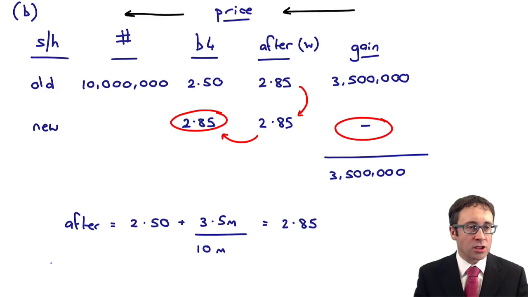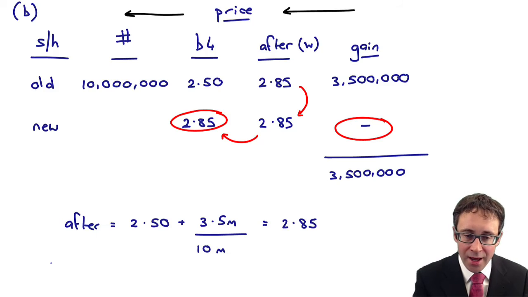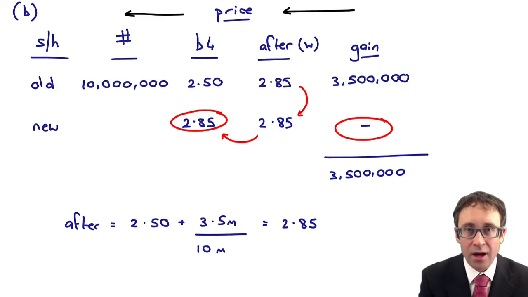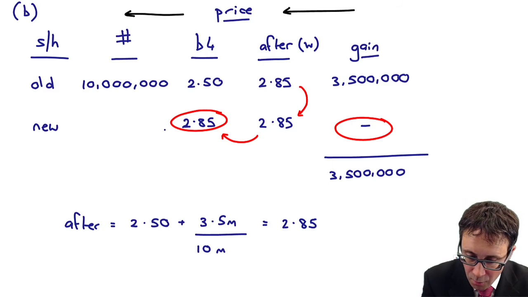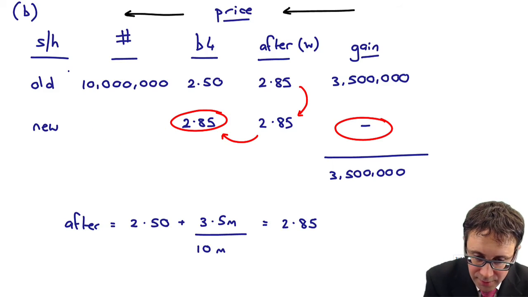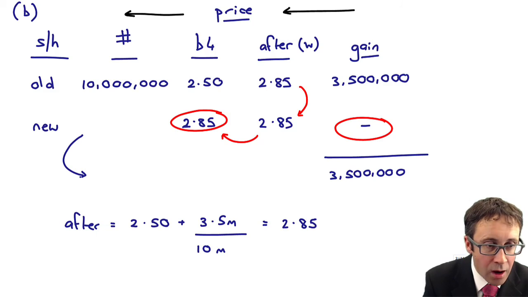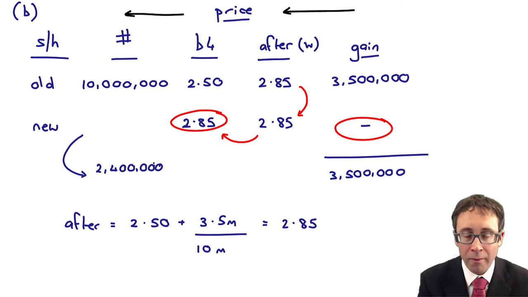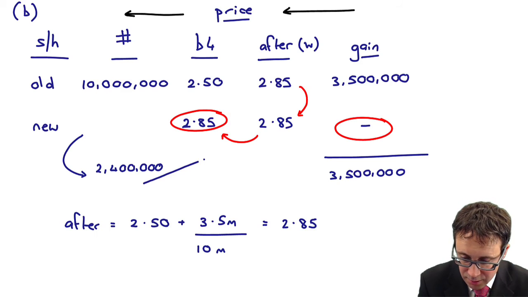Something that isn't asked within the question, and I think it could potentially be asked as an exam question, so we'll throw it in. What is the number of new shares that are issued? Well, to work that out, we know that we needed $2.4 million worth of proceeds.